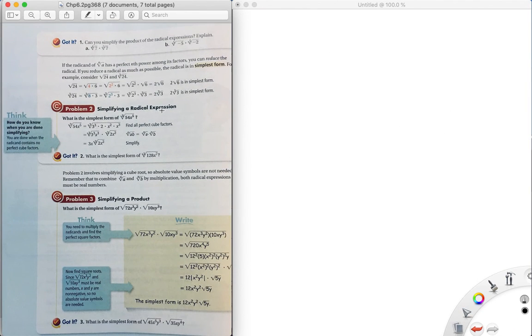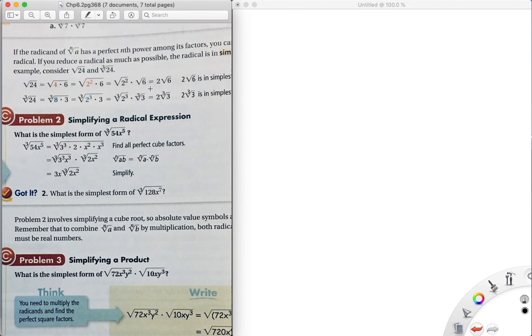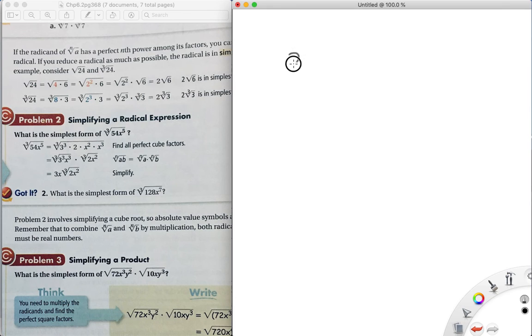Okay. So simplifying or reducing radicals. Once upon a time, when you were simplifying radicals, they used 24 as an example. You could try to find perfect roots.